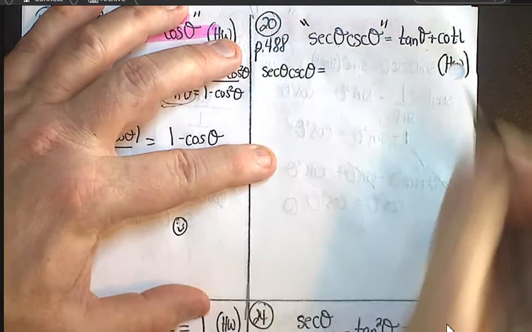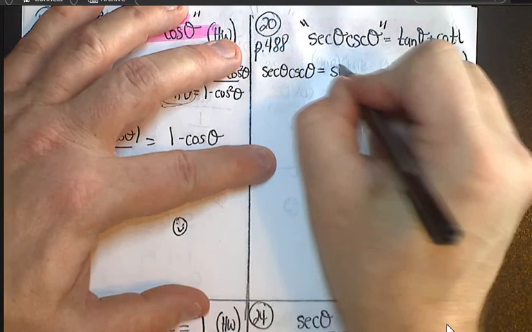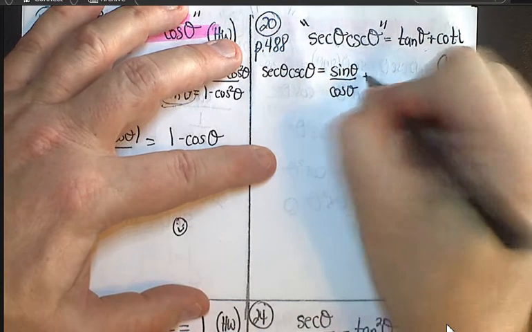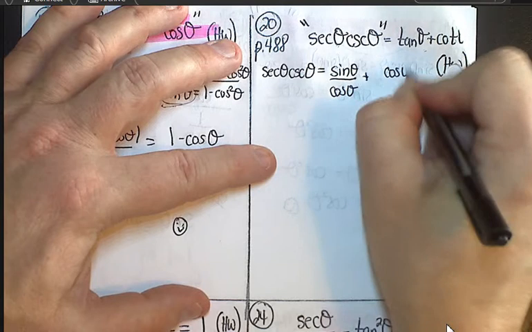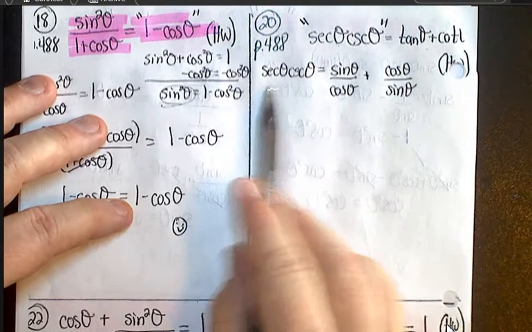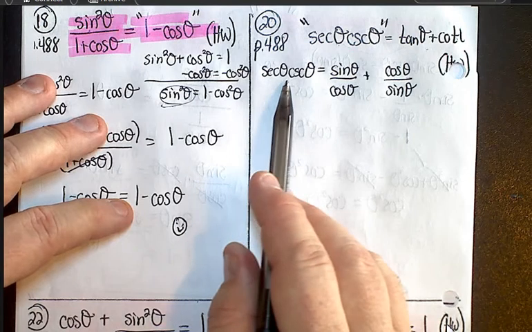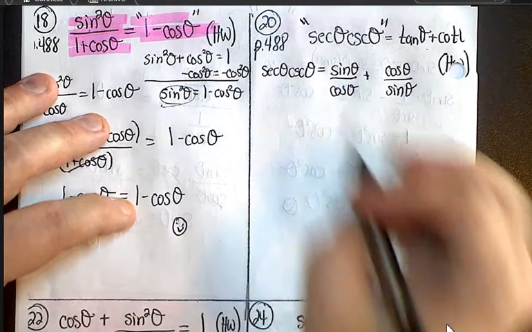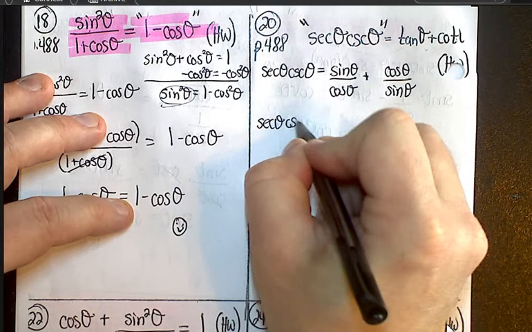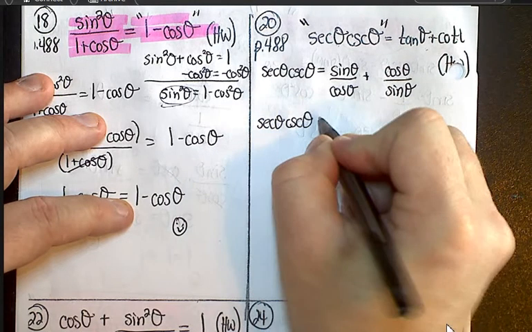That's going to equal, well, tangent I'm going to change to sine theta over cosine theta, and cotangent is cosine theta over sine theta. Now once again, this multiplication actually acts as one term. The addition gives me two terms. So my next step is trying to get the right-hand side now to become one term.